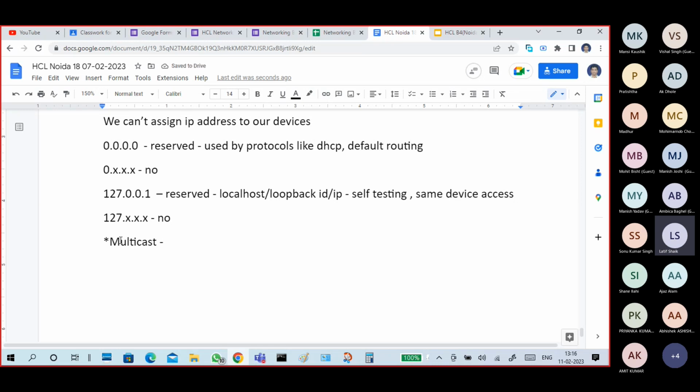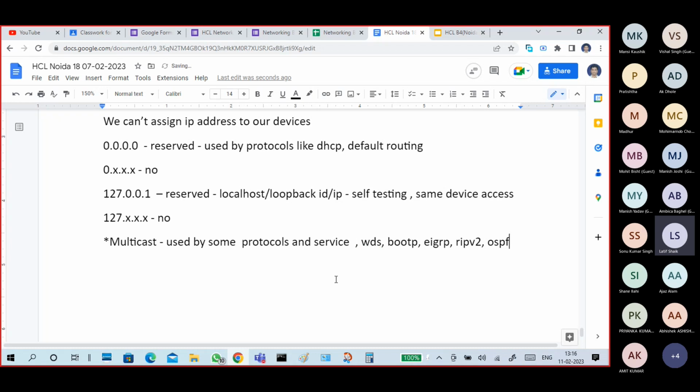Okay, we can't assign multicast IP addresses to the devices. It is used by some protocols and services. For example, WDS (Windows Deployment Service), BOOTP, EIGRP, RIP version 2, OSPF.